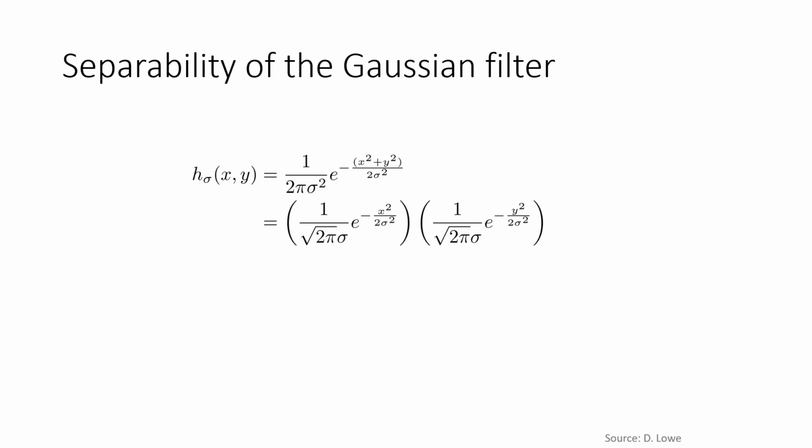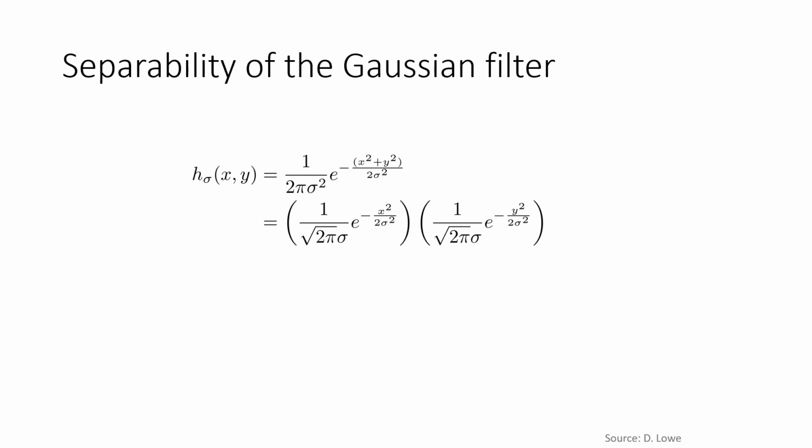So, is the Gaussian filter a separable filter? Yes, it is a separable filter. This is the mathematical expression of the Gaussian filter, and if you separate the x and the y, because this is an exponential term, it can be separated into x squared and y squared.